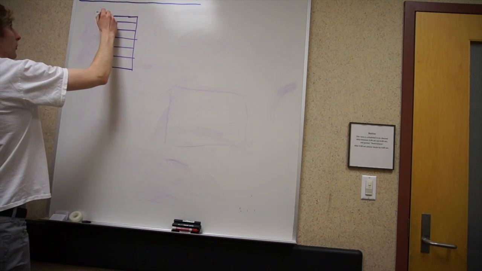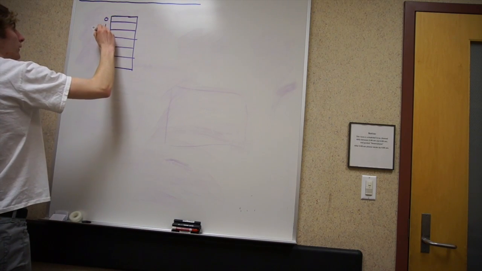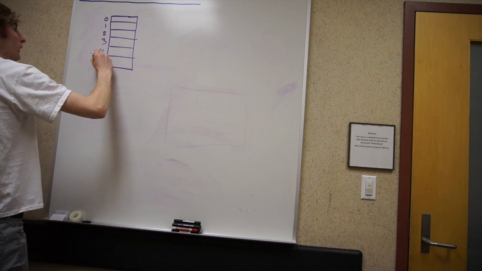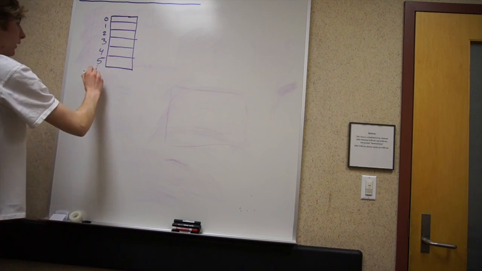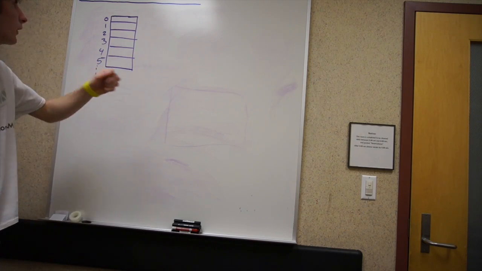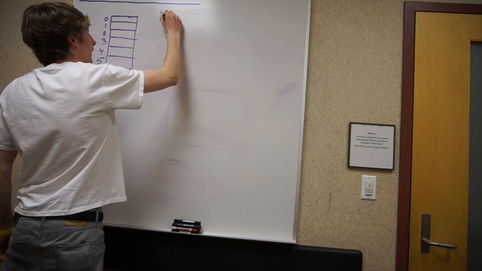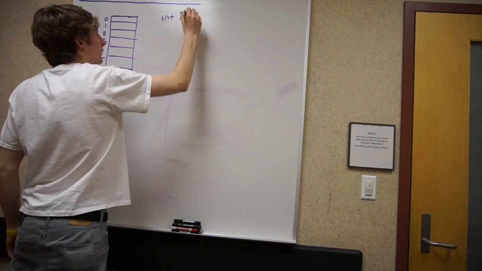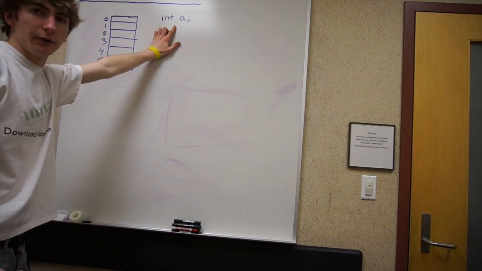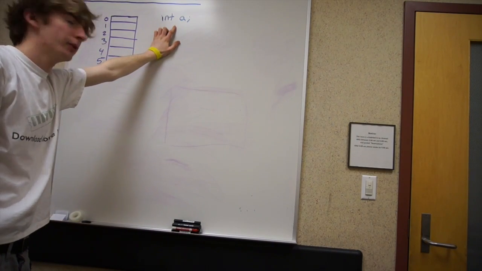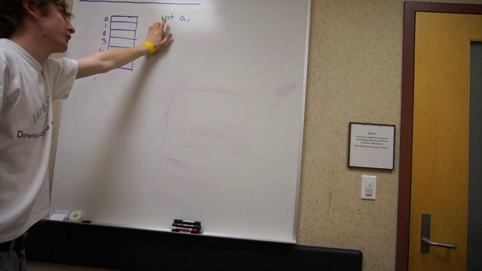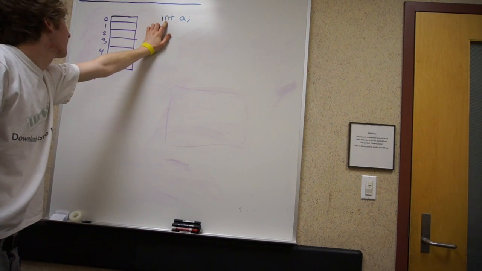And each box has a number. So 0, 1, 2, 3, 4, and 5, and it keeps going on and on. So, let's say you write some C++ code. You say int a. This tells the compiler that you're going to need room in memory to store an integer variable, right?